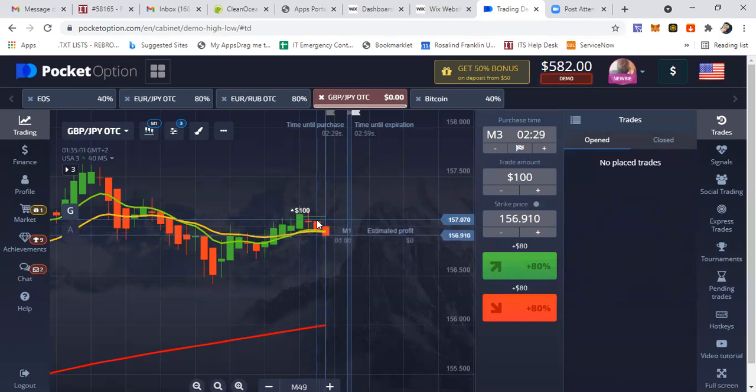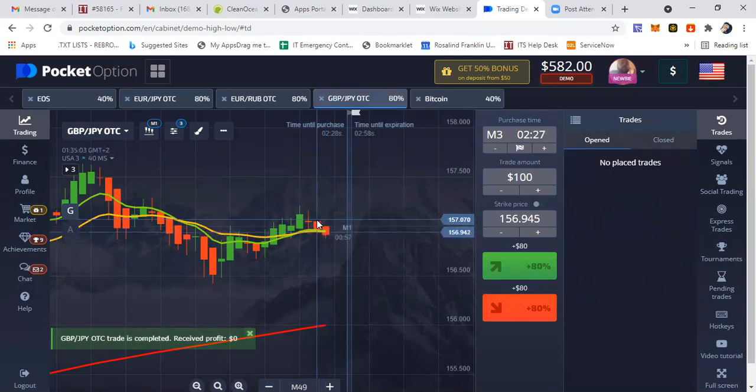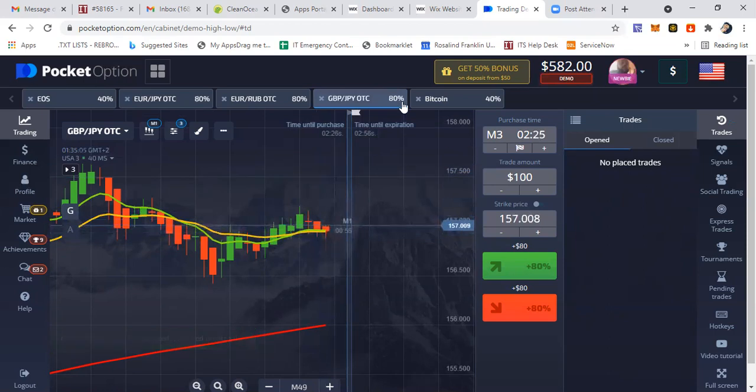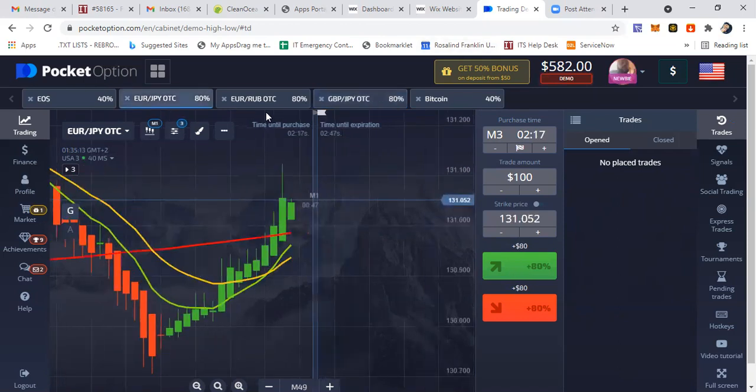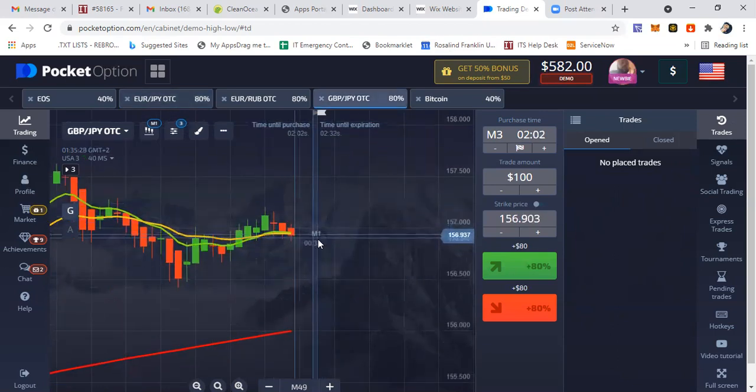And we lost the trade. But as you can see, like I said, I'll show you the good, the bad, and the ugly, right? I don't usually trade GBP/JPY. That's not my thing. I like to stay in the euro, because with euro pairs, they're volatile, but they're not crazy volatile where you open a trade and then it starts doing what GBP/JPY does.